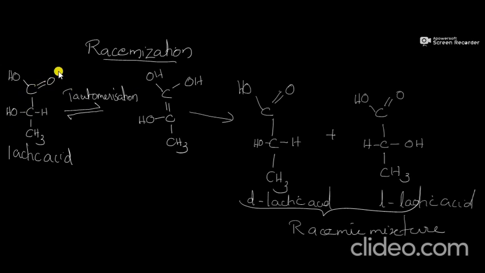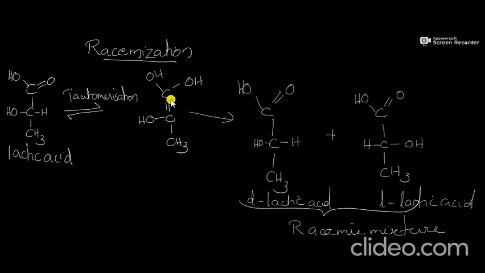This is the keto form, which will tautomerize into the enol. This is the enol. The hydrogen will shift, this bond will shift to this carbon and the double bond will shift to oxygen, and O minus gets protonated into OH. That is keto-enol tautomerization.